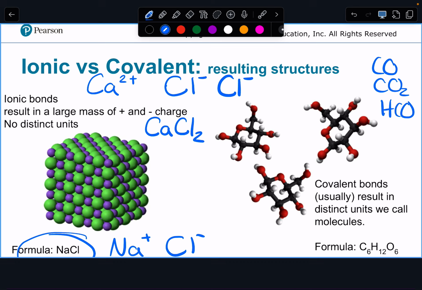So think of it as just adding them up. +1 and -1, that's 0. +2, oh, I must need 2 -1s to balance that out. And the formula for calcium chloride will always be CaCl2. It'll never be CaCl or CaCl3. Unlike covalent bonds, which can change those numbers of atoms really easily, when we're talking about ionic compounds, they have to balance each other so that the overall charge is 0.